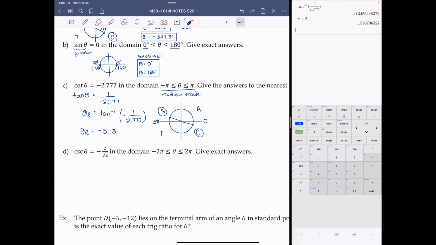And then if we go from 0 to pi, there's again only one angle in there, which would be this one. Then our solutions. The negative angle would be theta equals negative 0.3.